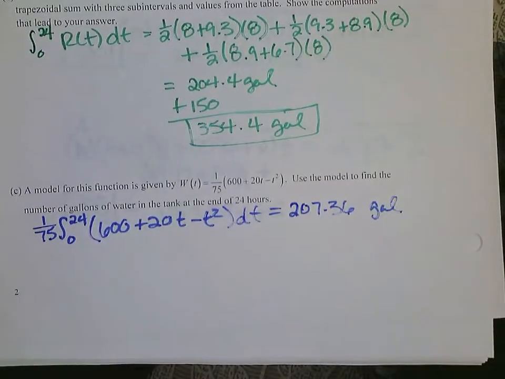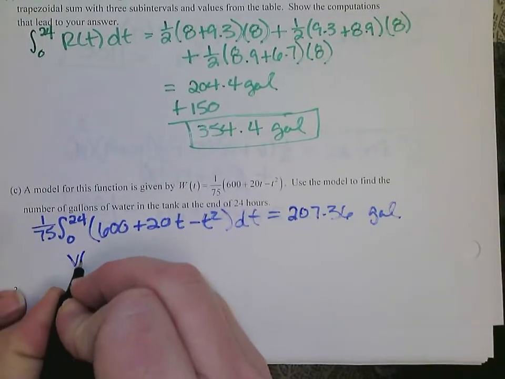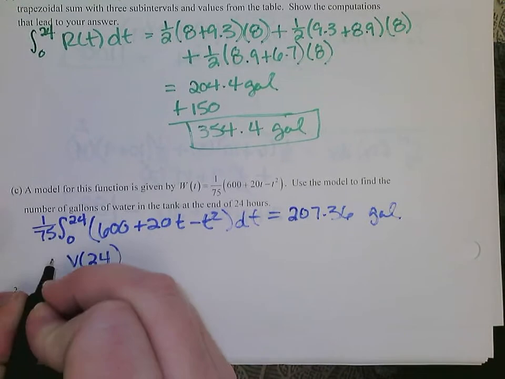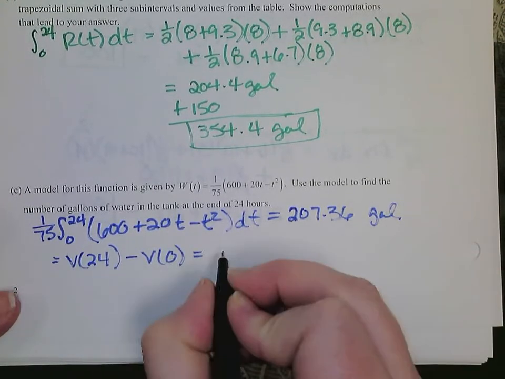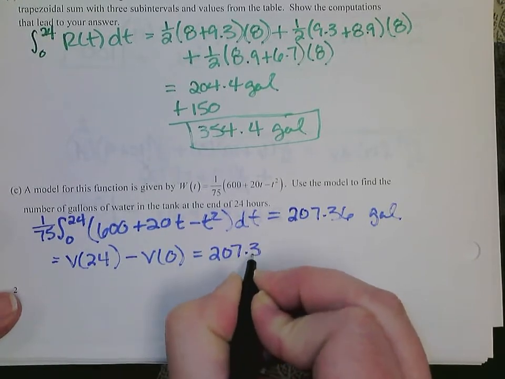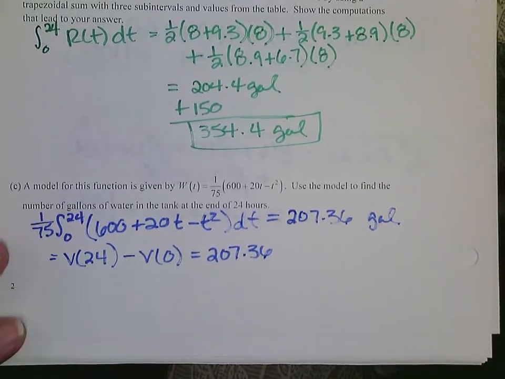And again, this is the volume at time 24 minus the volume at time 0. And we're saying that that is 207.36 gallons. So we found the amount of change.